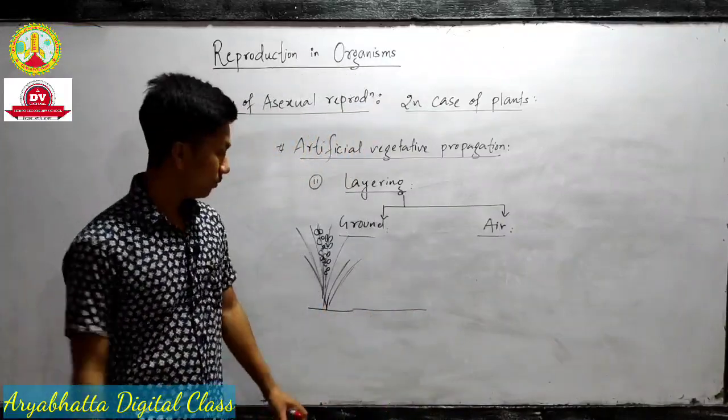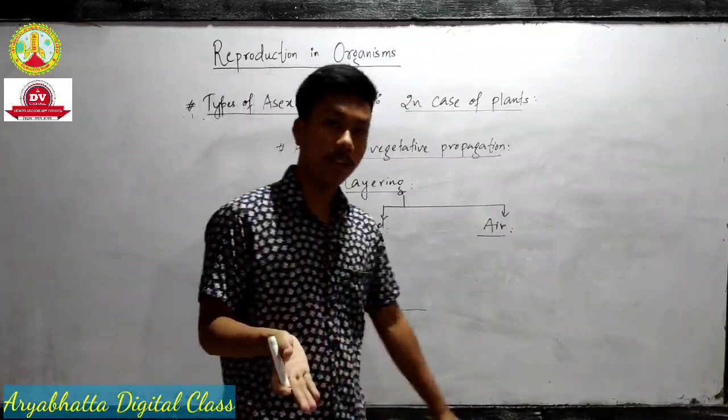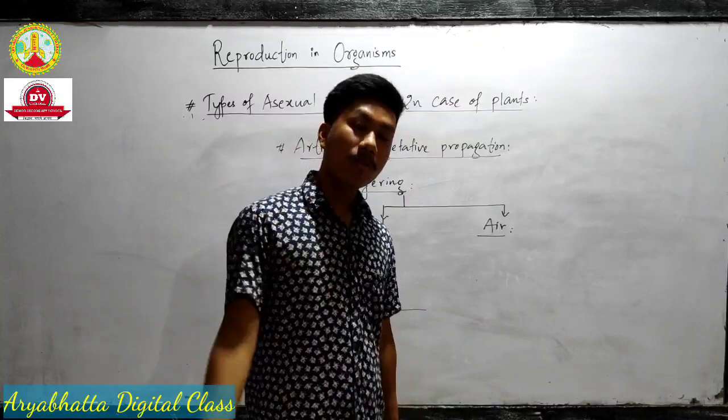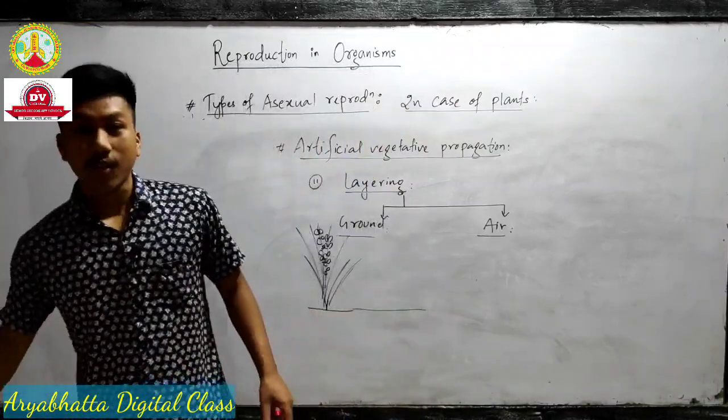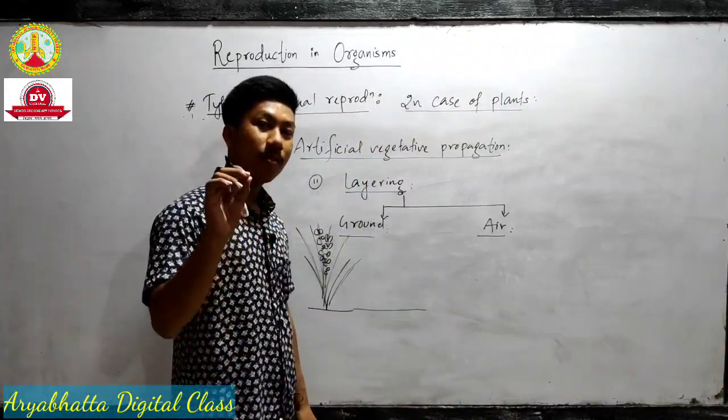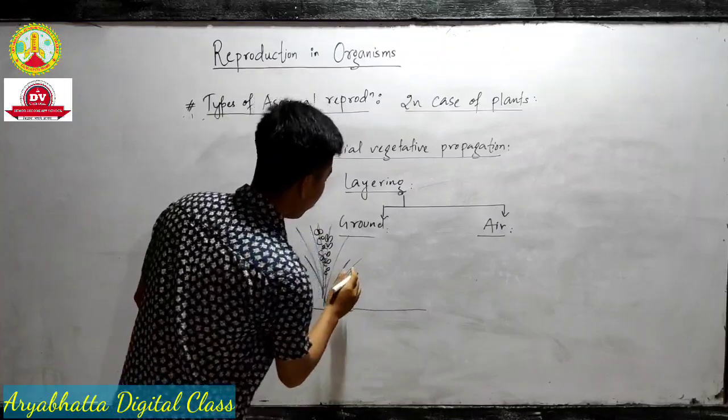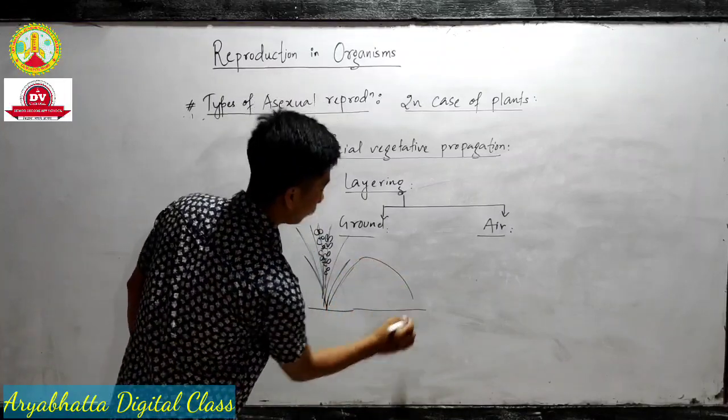If you want to plant more jasmine, we take one stem of jasmine and bend it down towards the soil, towards the ground.